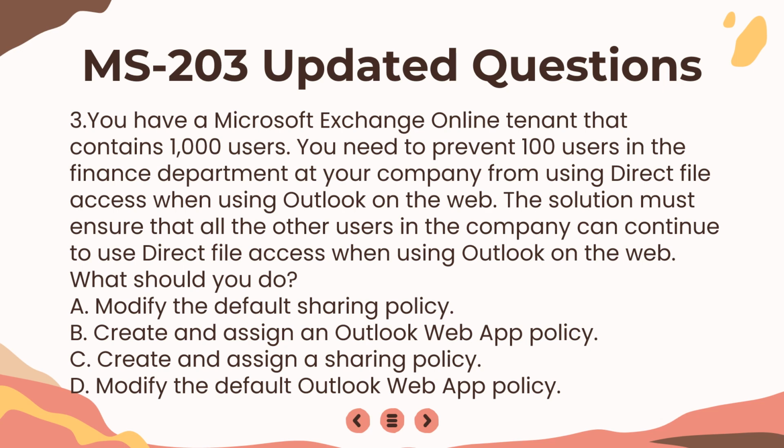What should you do? A. Modify the default sharing policy. B. Create and assign an Outlook web app policy. C. Create and assign a sharing policy. D. Modify the default Outlook web app policy.